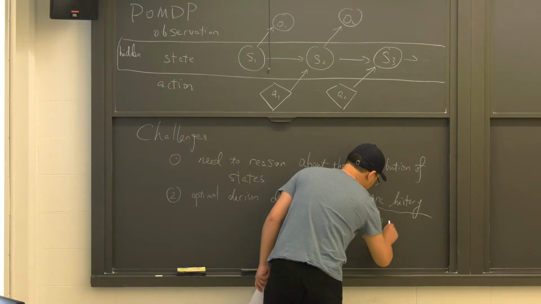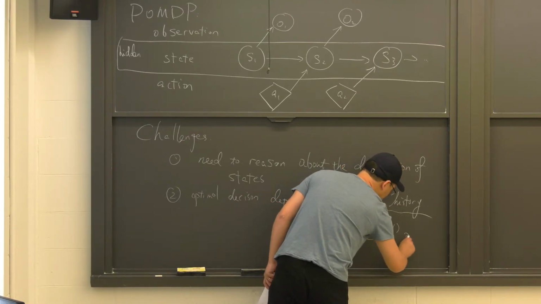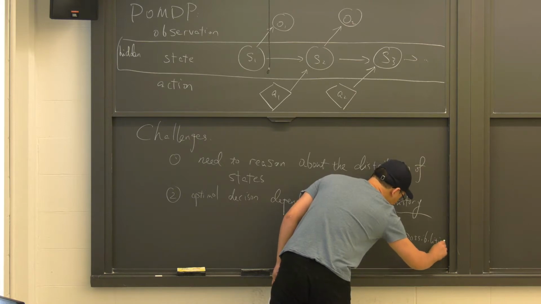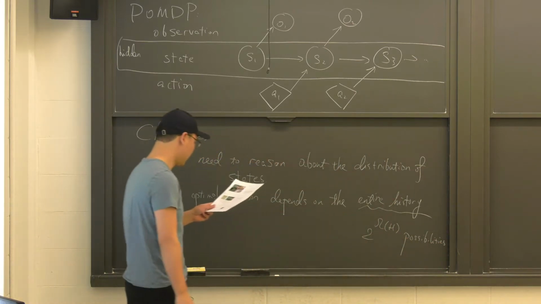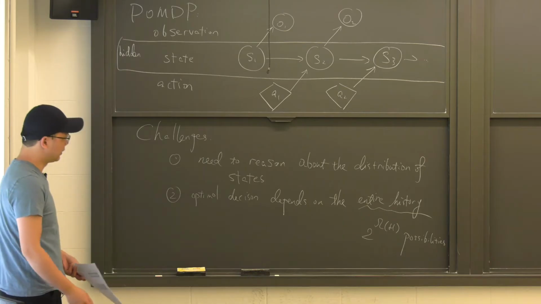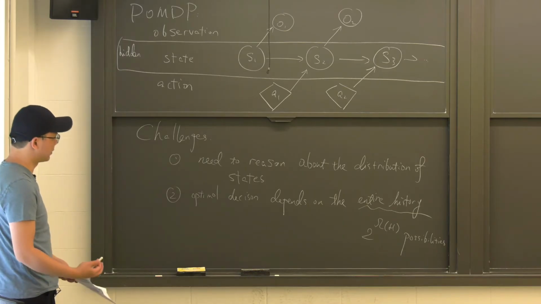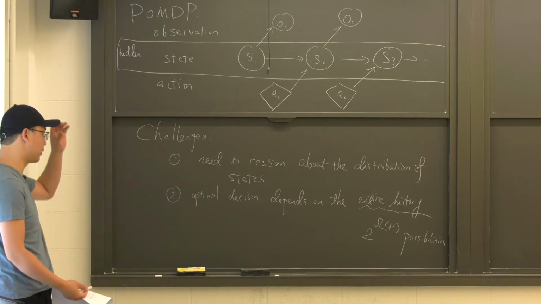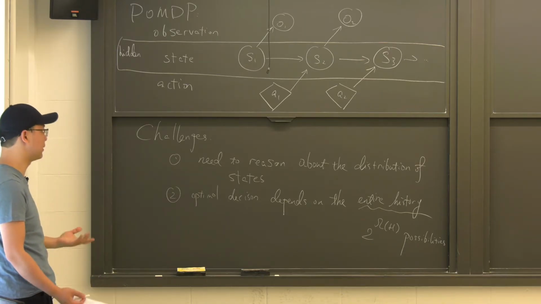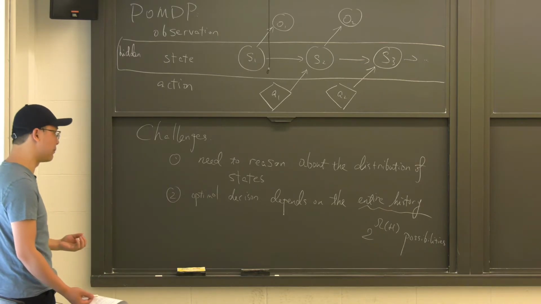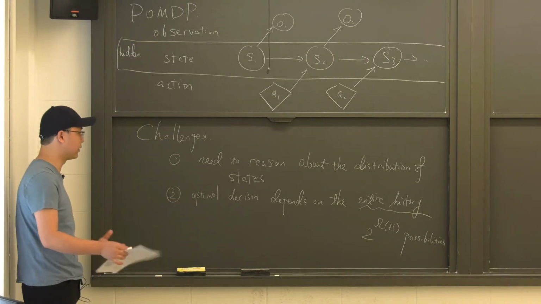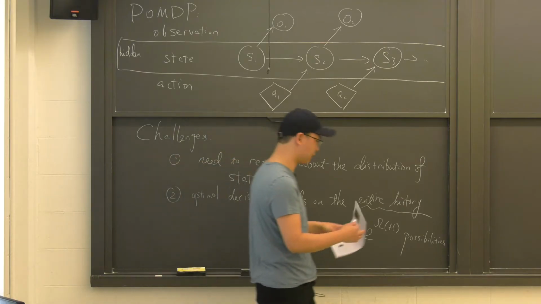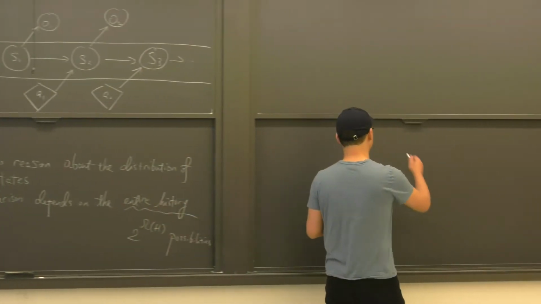You have 2 to the omega h possibilities. So we talked about in the last lecture that although we can write out the Bellman optimality equation using the entire history or using the belief states, the computation is exponential in the horizon, exponential in the length of the POMDP. So they are all non-efficient algorithms.